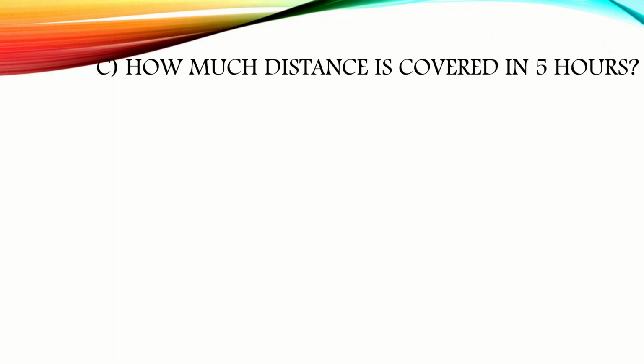Next question is: how much distance is covered in 5 hours? In the question it was given the car is covering 90 kilometers in 2 hours. In the last two slides I asked about time, but in this condition time is given to me, and I have to find distance here.